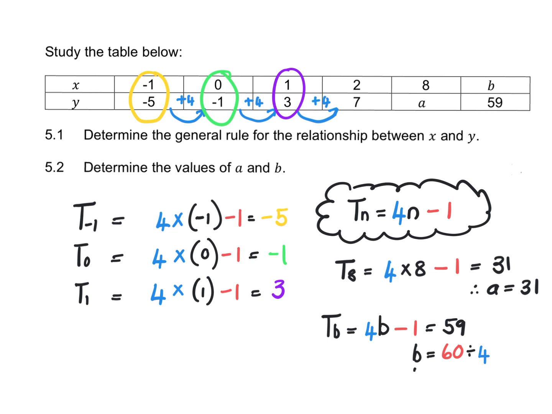Hopefully you know that 60 divided by 4 is 15. Here you can really see that once I have my formula, I can either put the pattern number in, or I can put that value in and work back and see which pattern it is. Formulas are super useful, especially in real-world applications, in finance and engineering and all those fields. So there definitely is a good use of algebra, and patterns is a nice way of introducing that.